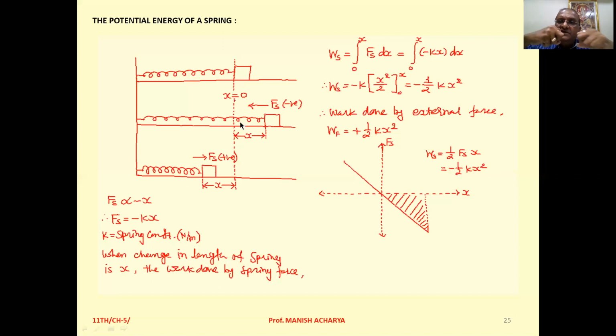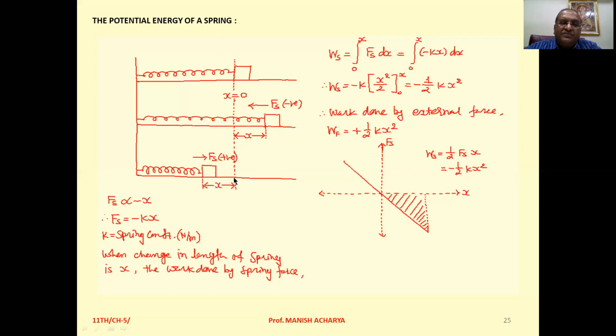So if we stretch the spring, then we know this thing. The restoring force will develop in the spring that will be in the opposite direction. Under the effect of that particular force, spring will try to restore its original position. So spring force developed here is in the opposite direction of this displacement.